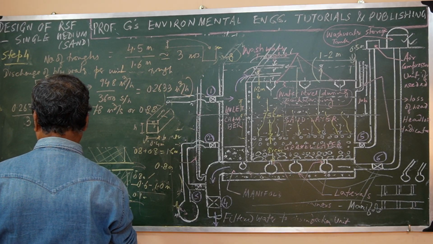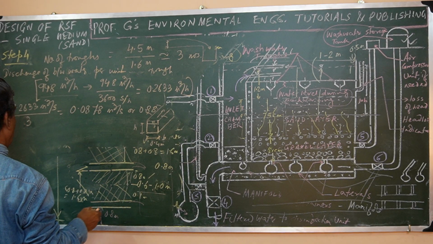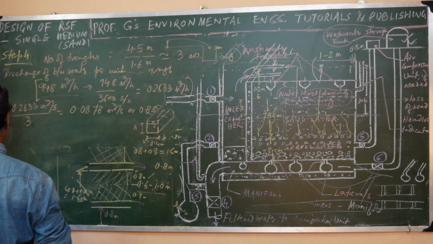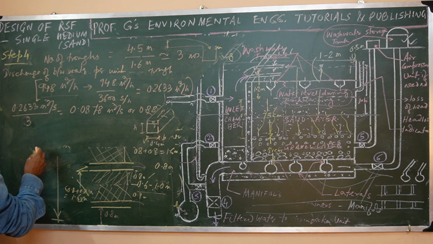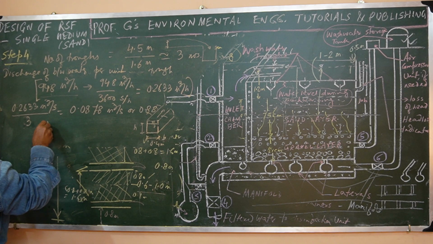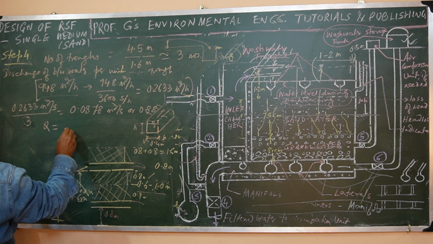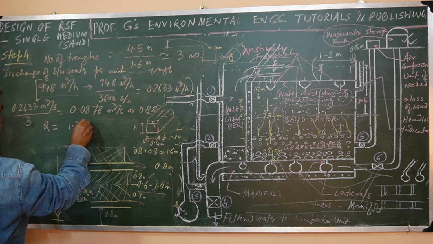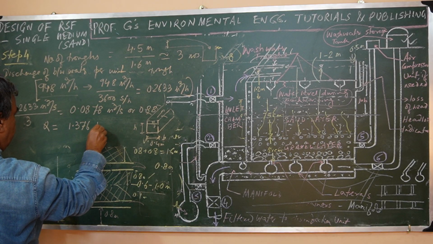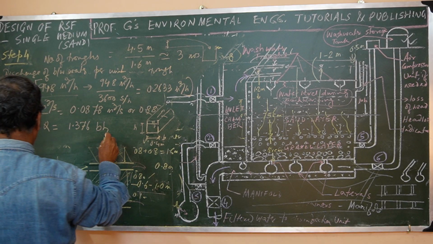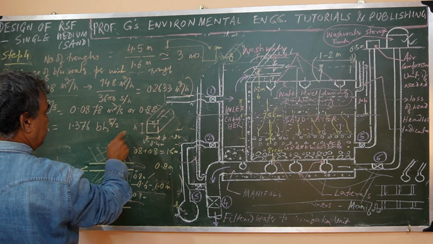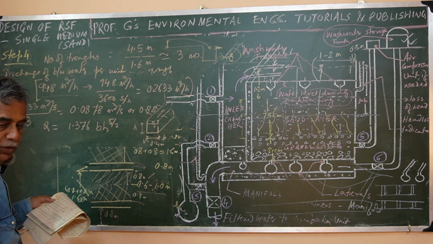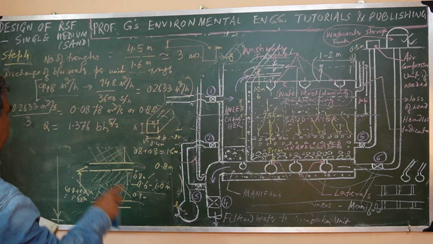I explained that at the upper end the water depth could be calculated this way, that is Q equals 1.376 B H to the power 5/2, right?